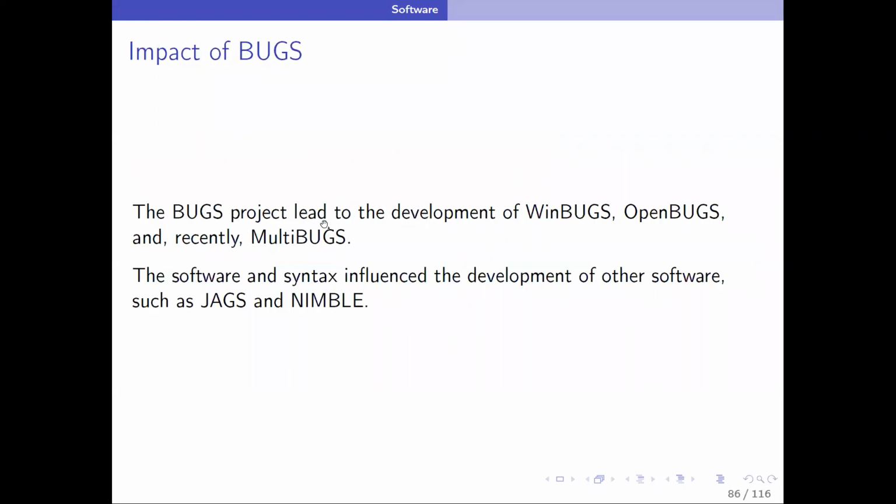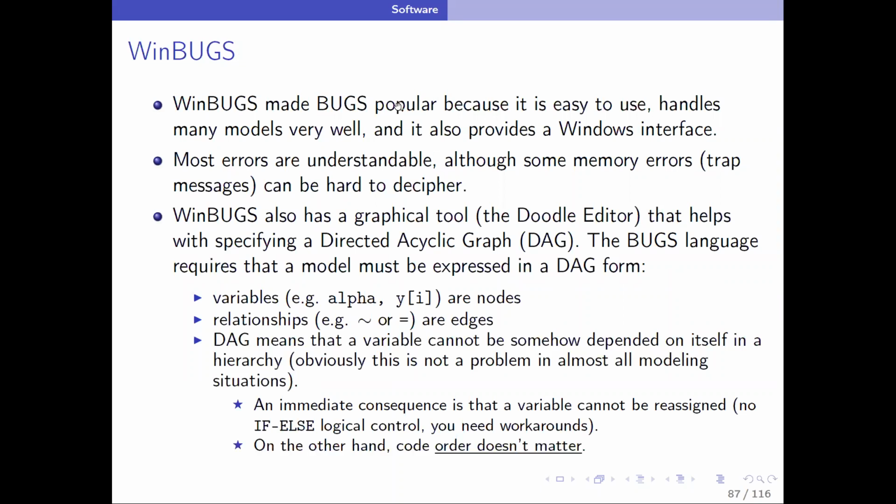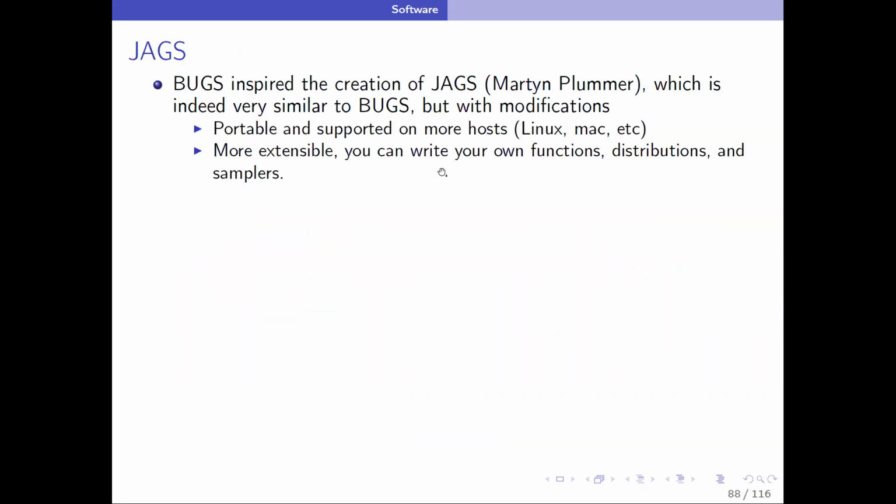And then it led to the development of a bunch of BUGS related projects: WinBUGS, OpenBUGS, MultiBUGS, and influenced the development of software like JAGS and NIMBLE. I am not going to go through what WinBUGS does. It's a Windows version of BUGS.